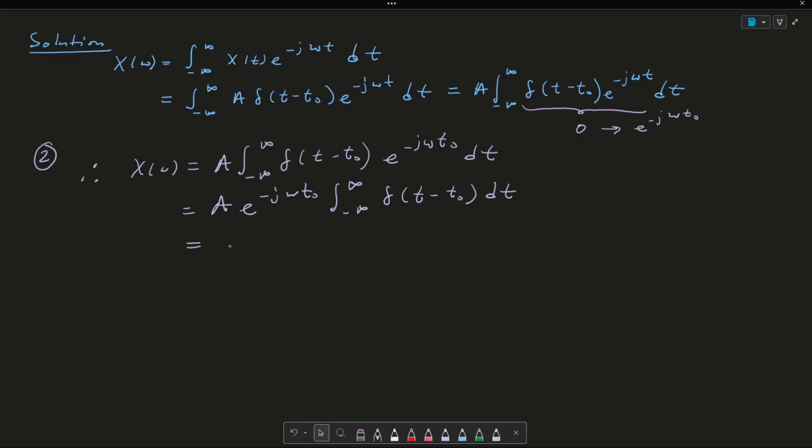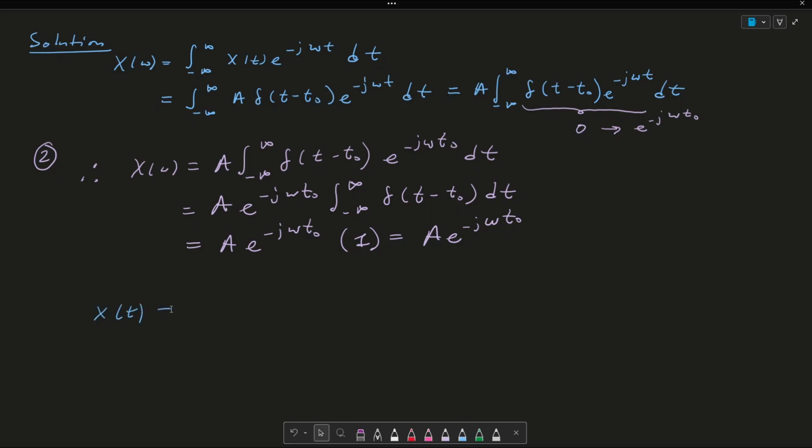And this is equated to A e to the minus j omega t0 times the integral of my Dirac function, which is just 1. So this just becomes 1. Again, I get A e to the minus j omega t0. Just to keep formalities, let me rewrite that.